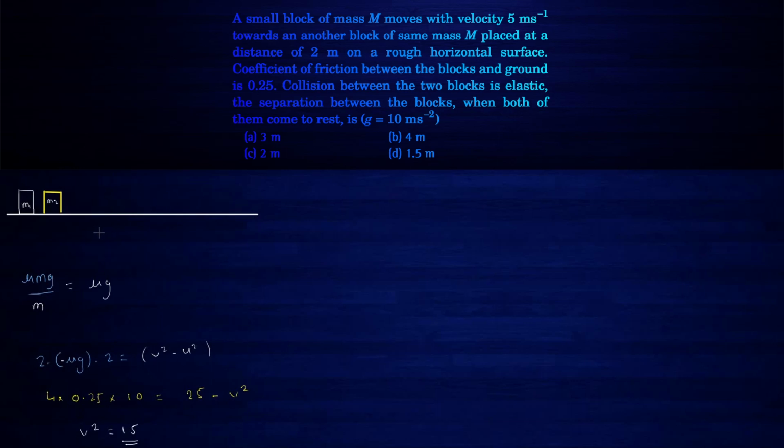Now after moving a distance x, our mass m2 stops here. Then again by the kinematics equation, 2 into minus mu g into x equals v square minus u square. Here v is 0 and u square is 15.